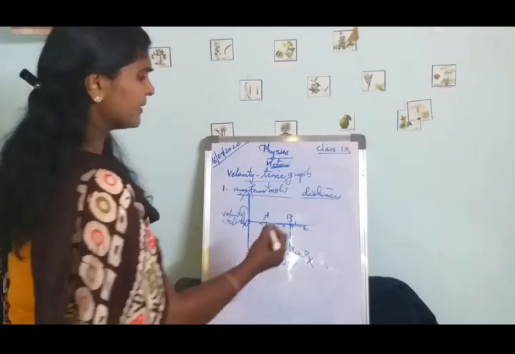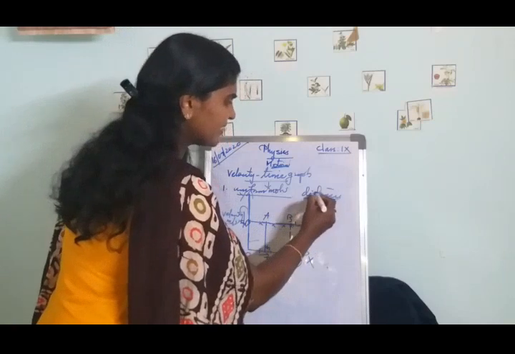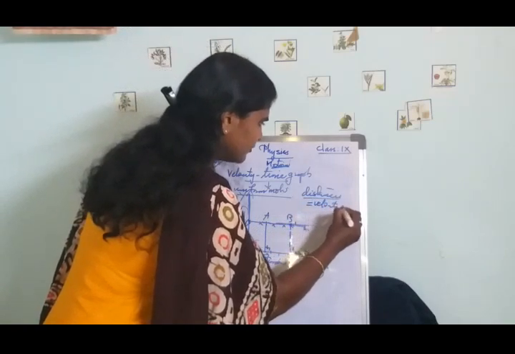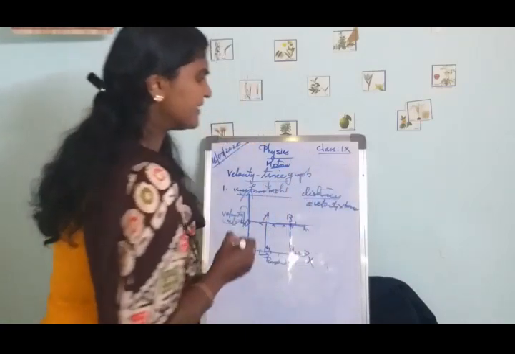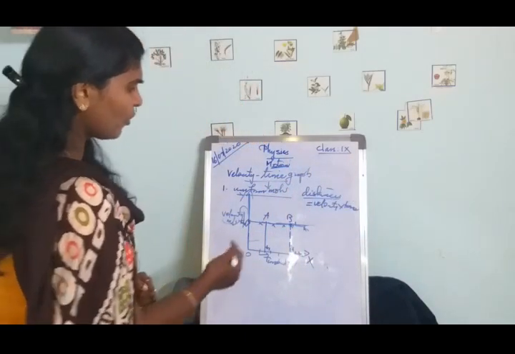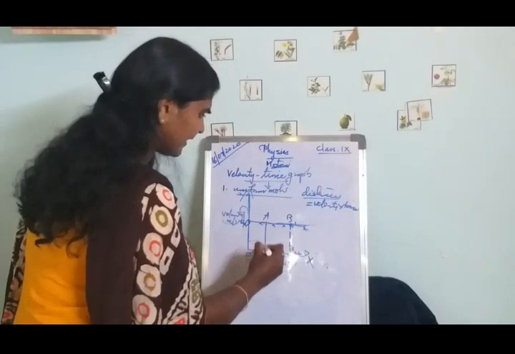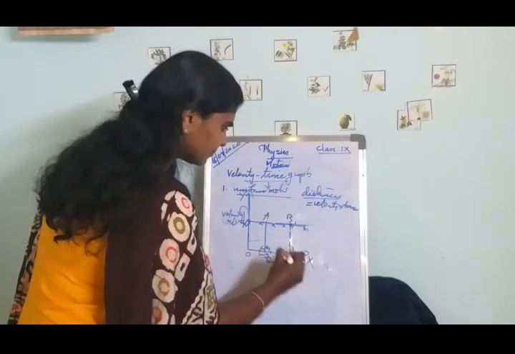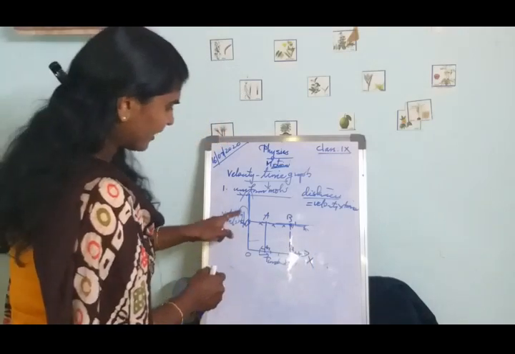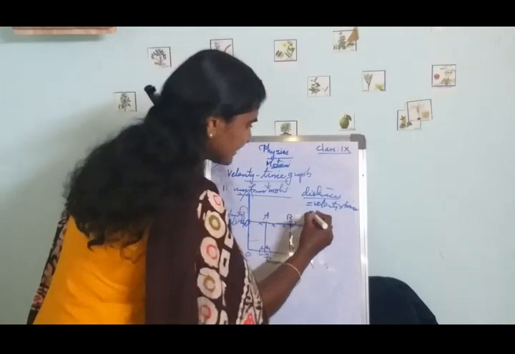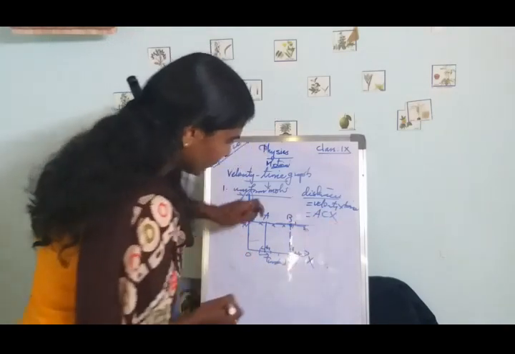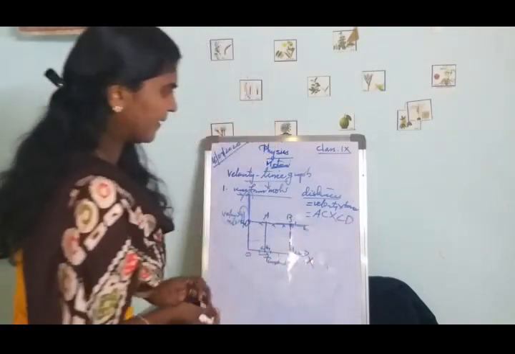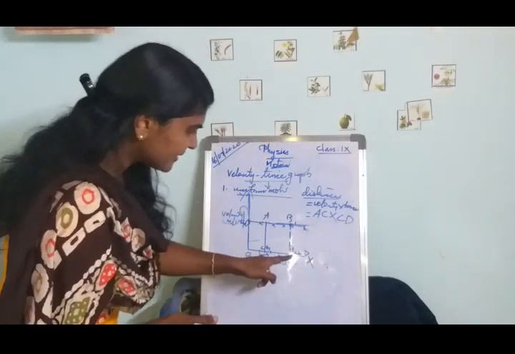Then you know the magnitude of displacement or distance is equal to velocity into time. Here we can mark a point C and here B. The velocity is represented by the height AC, that is AC into, and time is represented by the height CD. Here AC into CD.